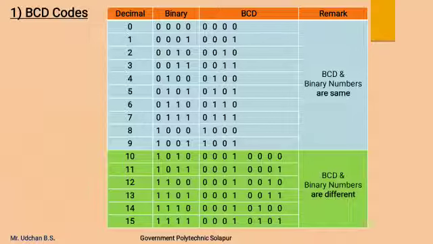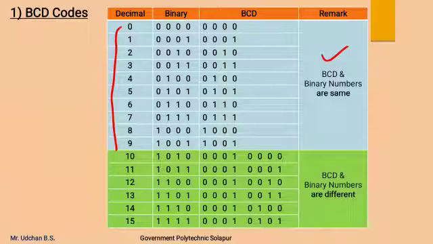In this table, the decimal numbers 0 to 15 are represented in binary and in BCD. If we observe the numbers 0 to 9, they have the same BCD and binary codes, whereas for the decimal numbers 10 to 15, the BCD and binary numbers are different.